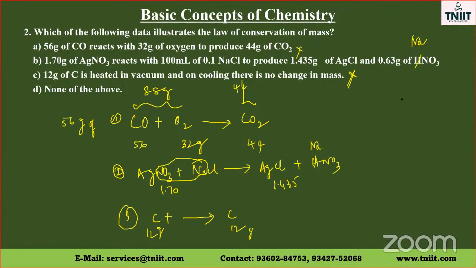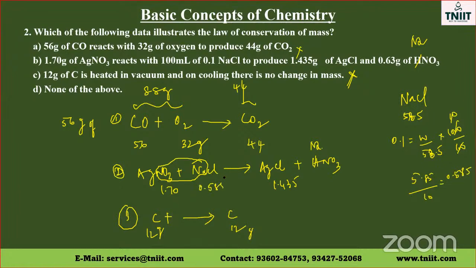They have given the normality 0.1, and the molecular weight is 58.5, not 53.5. Sodium is 23, so 58.5 into 1,000 divided by 100, this is 10. So we will have 5.85 divided by 10. It will be 0.585 grams. So sodium chloride will be 0.585 grams.